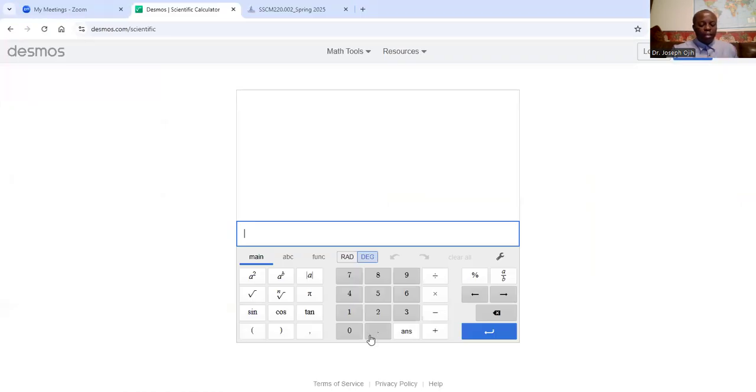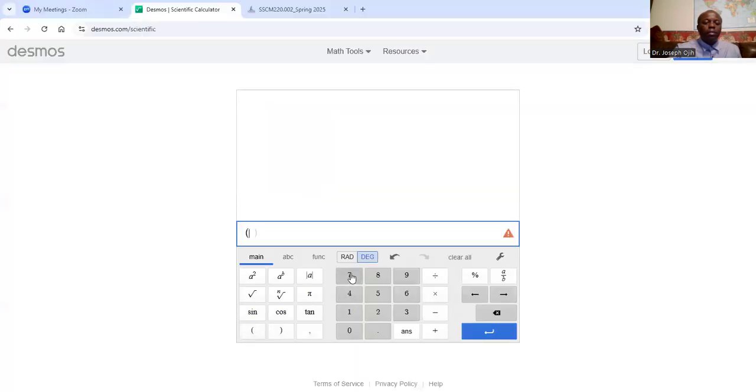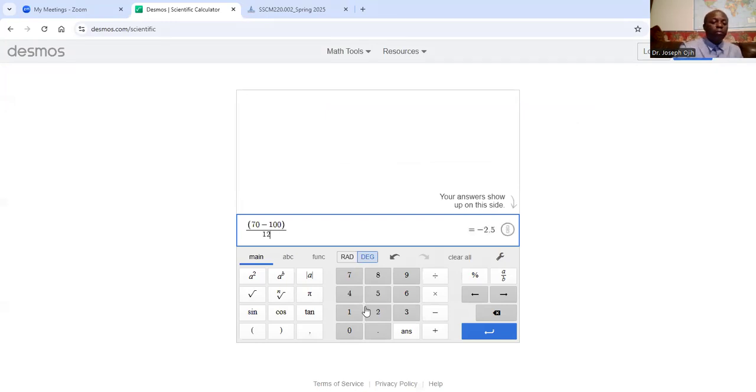So you have 70 minus 100 divided by 12. That gives negative 2.5.